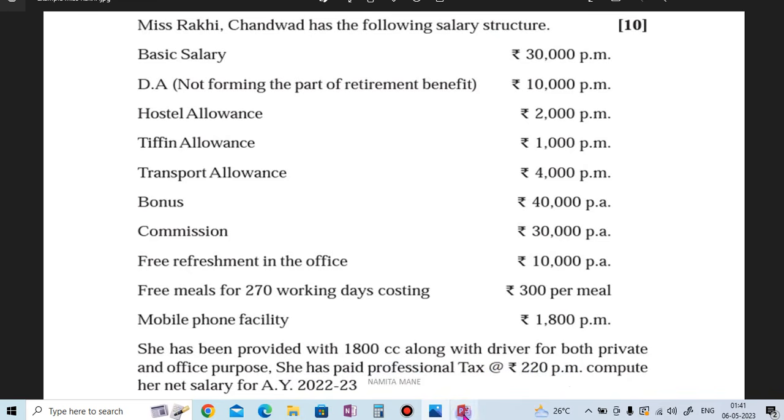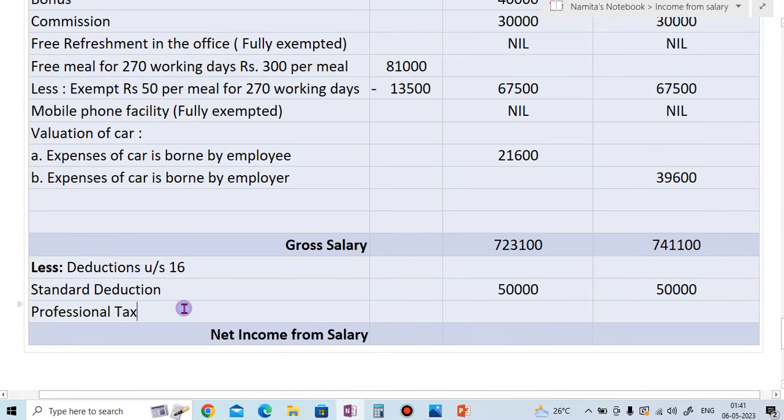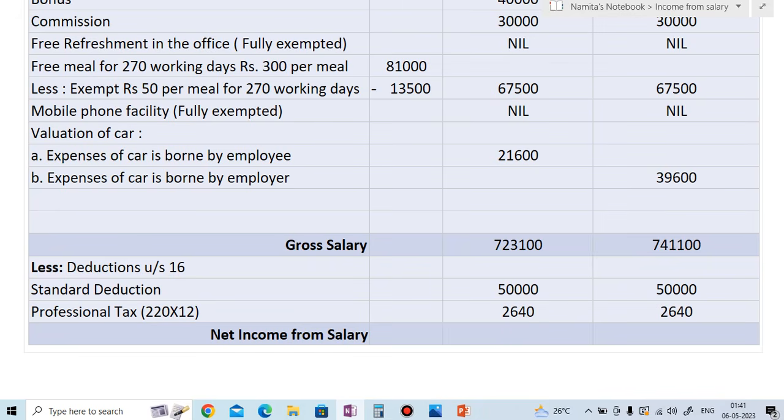Okay, so professional tax she has paid per month 220 multiplied by 12. So how much has she paid? 2,640 plus 2,640. Okay, now finally we have to find the net income from salary.